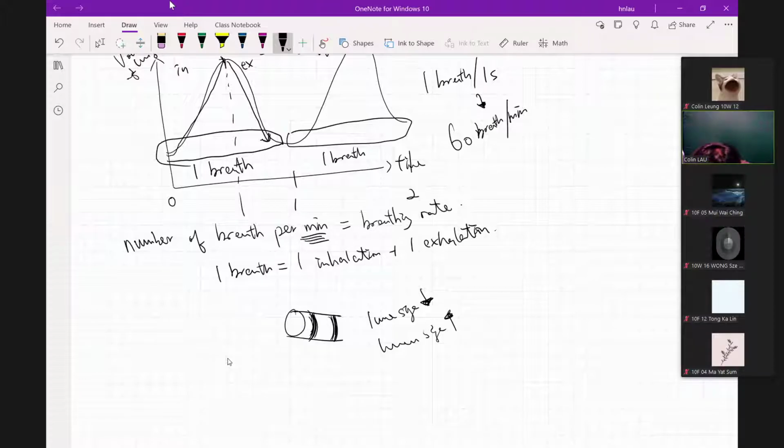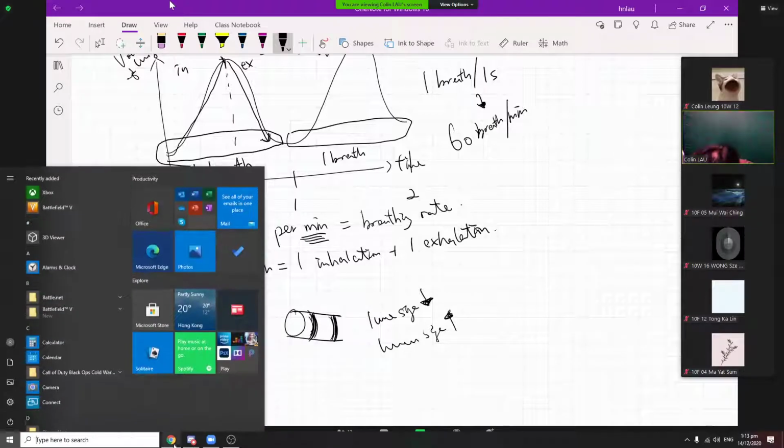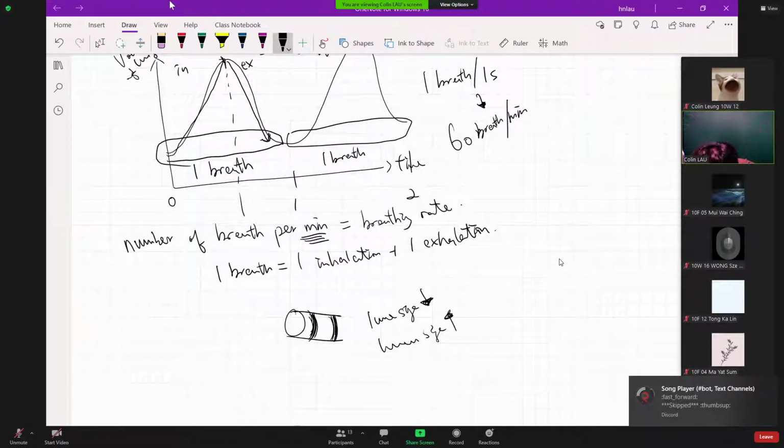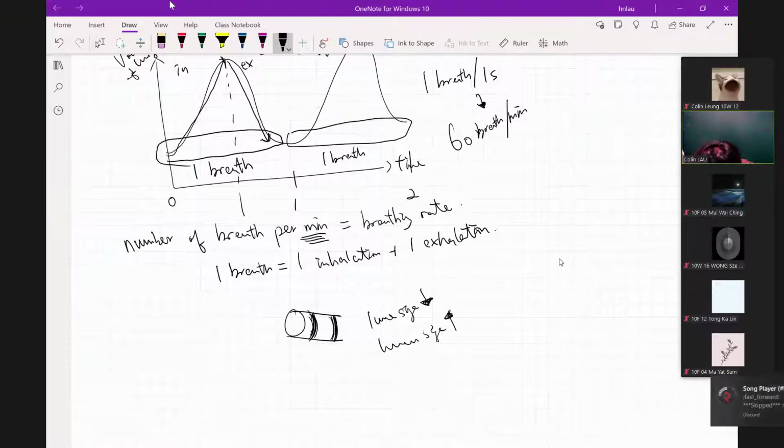The significance of this is that when the smooth muscles relax and the lumen size increases, you get more air to be brought into the air sac. So the function of the smooth muscles here is to slightly regulate the amount of air that can be brought in to the air sac.